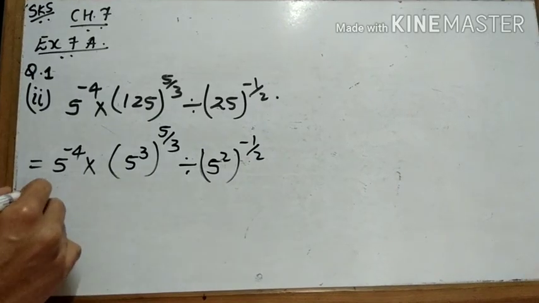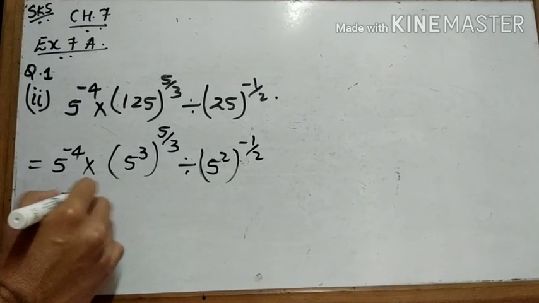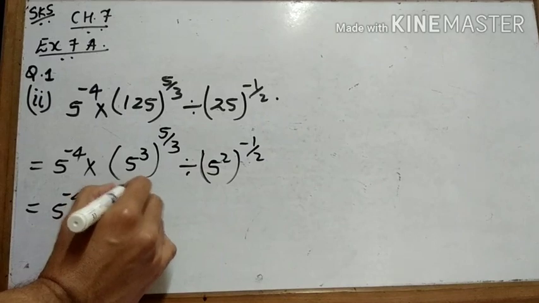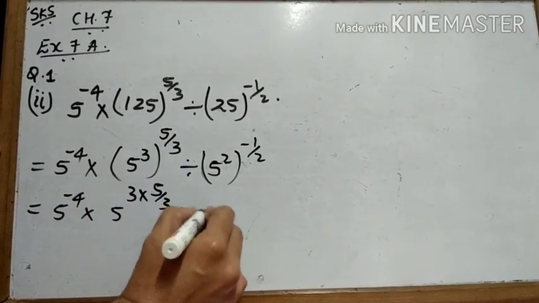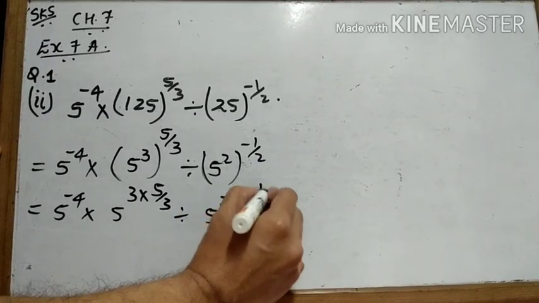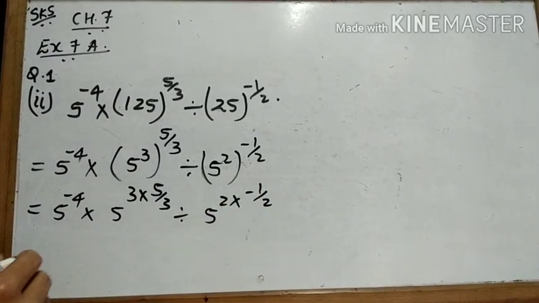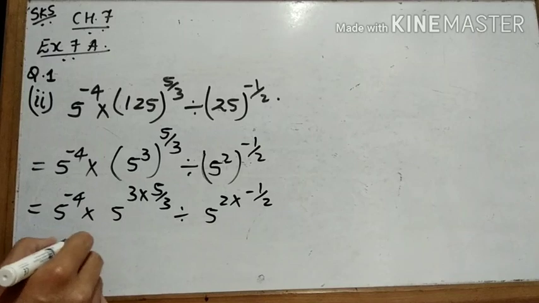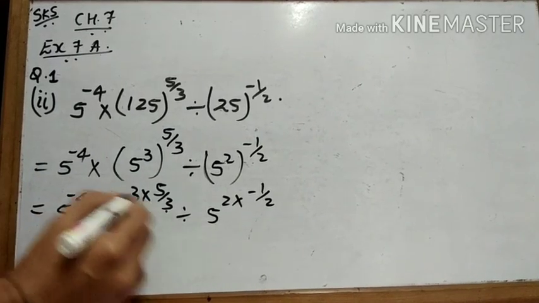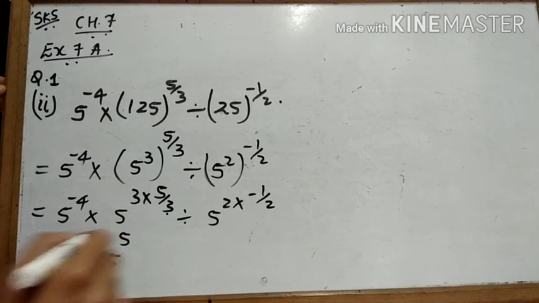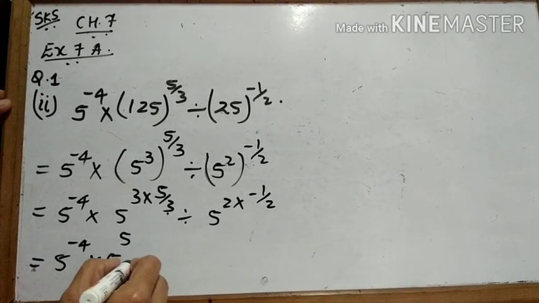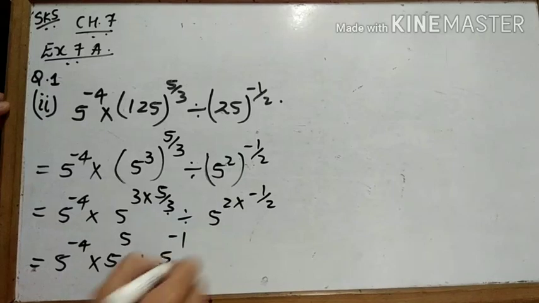Now we shall apply a very simple rule. 5 raised to 3 into 5 upon 3 divided by 5 raised to 2 into negative 1 upon 2. This becomes 5 raised to negative 4 multiplied by 3, in the denominator and numerator gets cancelled, 5 raised to 5 divided by 5 raised to negative 1.